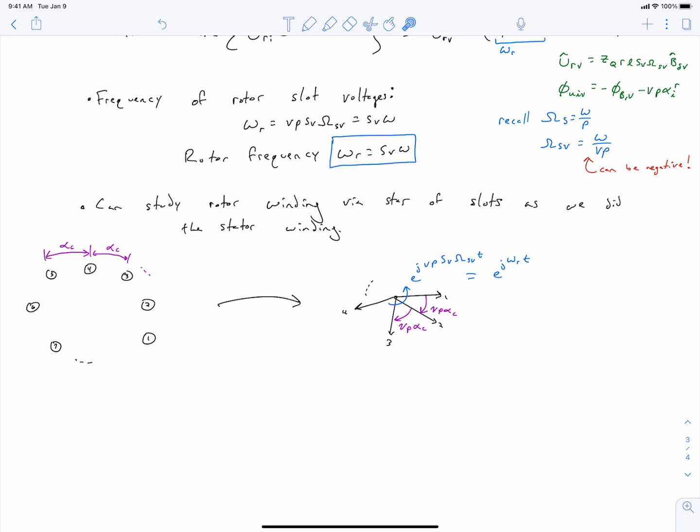I highly encourage you to go back and compare this derivation and these results to what we derived in the star of slots video for the stator winding. And you'll see that everything is exactly analogous, except that now we are working at the rotor frequency, which is our slip times our synchronous frequency, our stator frequency.